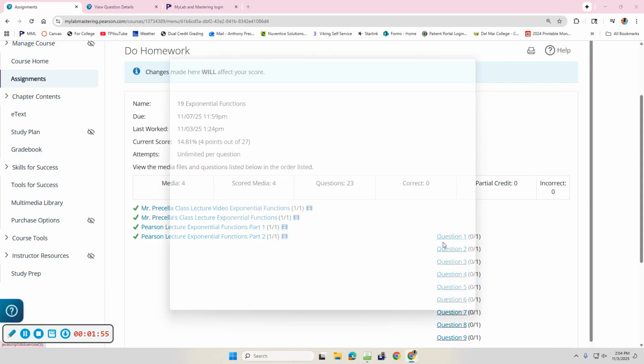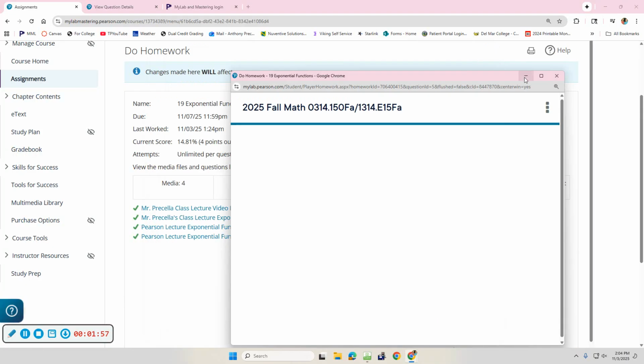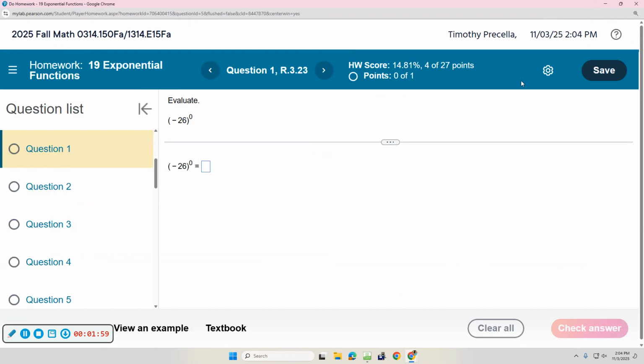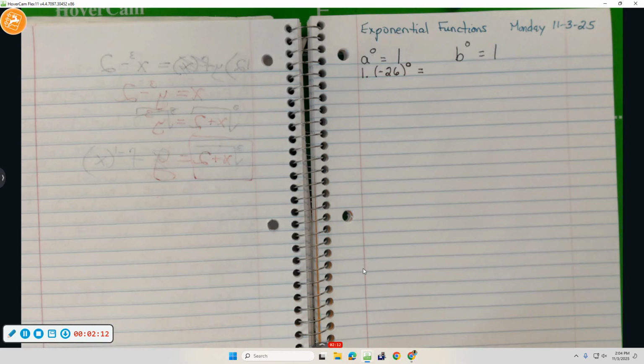Problem 1. Got to be the easiest problem this semester. Okay. Negative 26 to the 0 power. It says evaluate negative 26 to the 0 power.